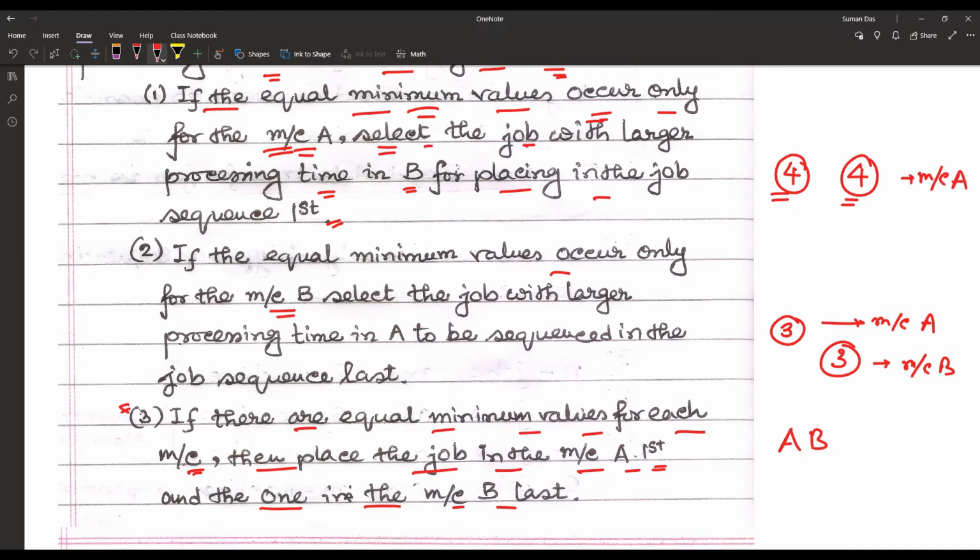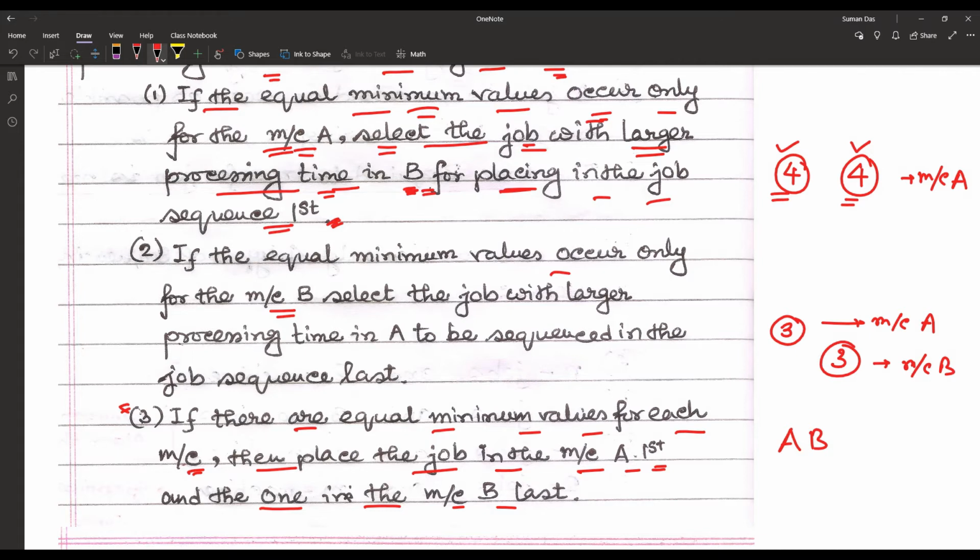So select the job with larger processing time in B for placing in the job sequence first. So not only is the machine A processing time a tie here, we have to choose by the processing time for machine B, and that job must be placed in the sequence first.